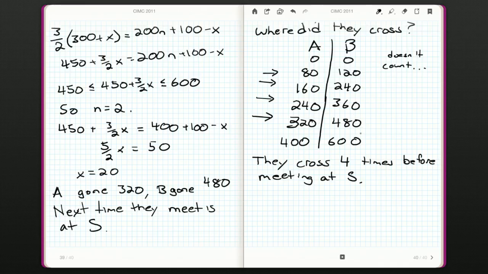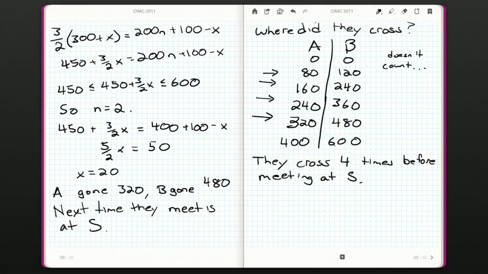And another thing, just because I picked up earlier that there were lots of 200s and 100s, I noticed that the sum of how far Alice has gone and Betty has gone at a specific crossing adds up to a multiple of 200. So 0, 0 where they started, that adds up to 0. 80 plus 120, that adds up to 200. 160, 240, that adds up to 400. 240, 360, that adds up to 600. Then these two add up to 800.